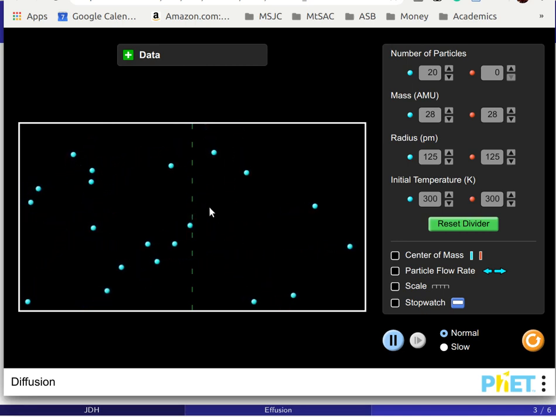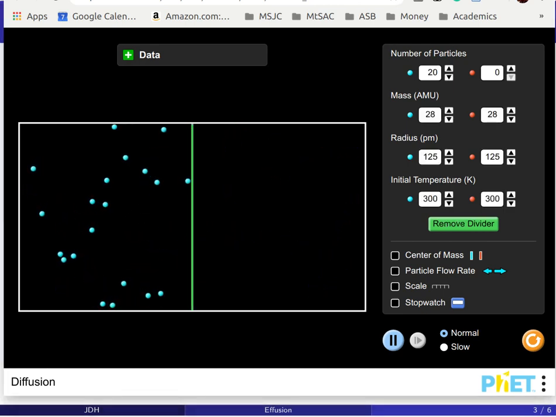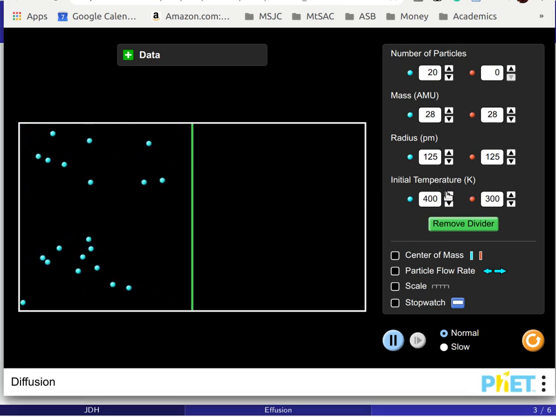Now, the rate at which that diffusion process occurred, of course, depended upon how fast these molecules are moving. So if we reset the divider, but now crank up the temperature all the way up to 500 Kelvin, we can see that these little molecules are now moving faster.